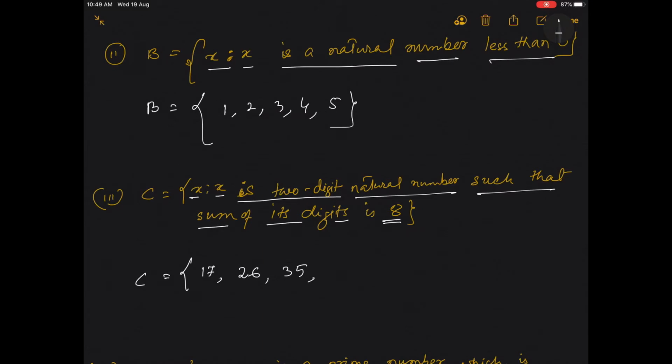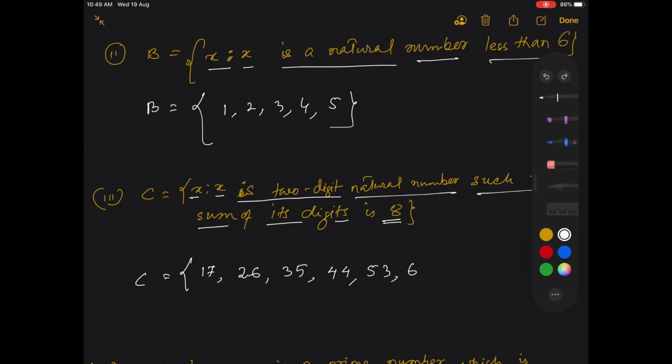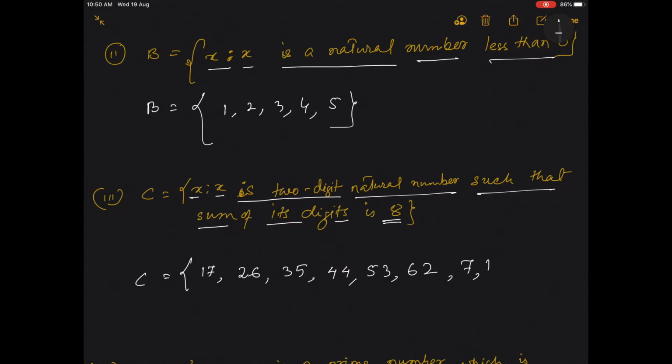Then 44, then 53, then 62, so write 62. Then 71, sorry, don't write 7 comma 1, it must be 71, and the last one 80.